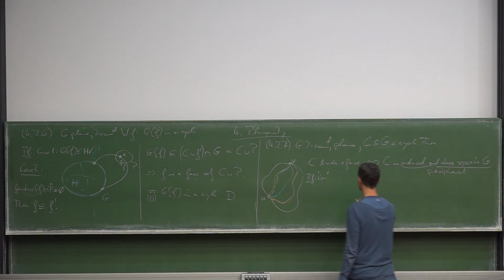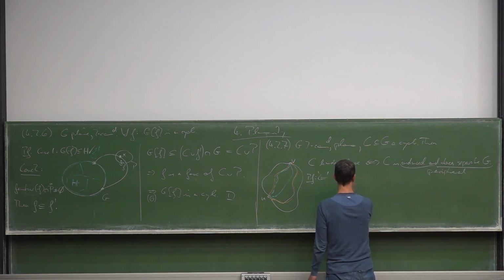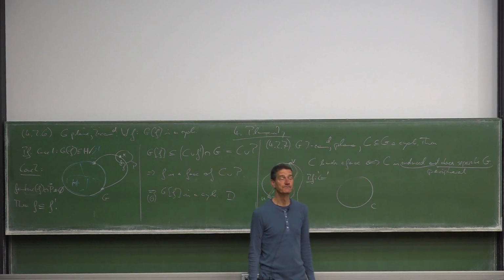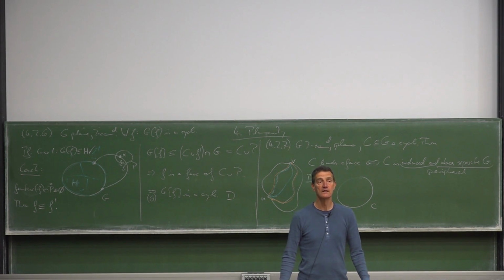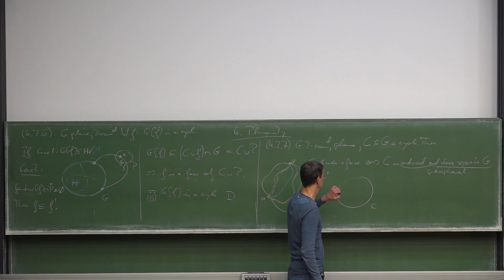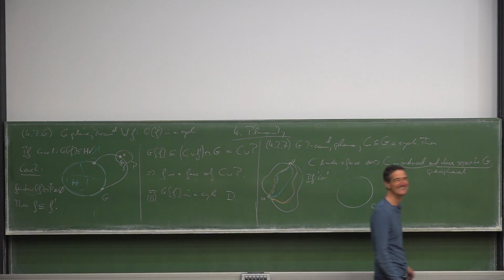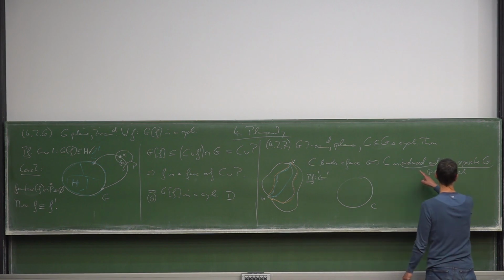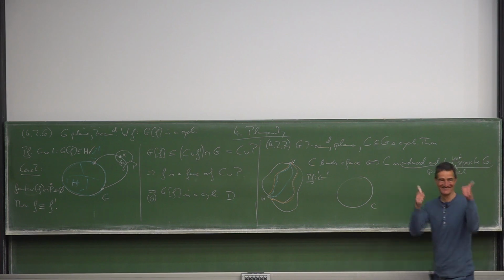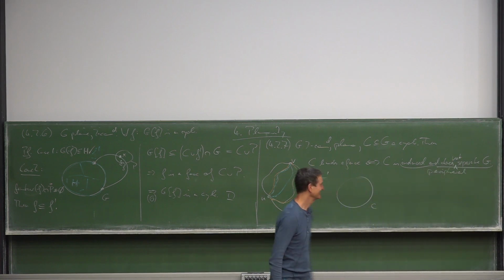Right, and well, here is C. If it doesn't bound a face, yeah. So I'm proving this implication. Yes, I know, but shouldn't it be and does not separate G because it says and does not? Thank you.